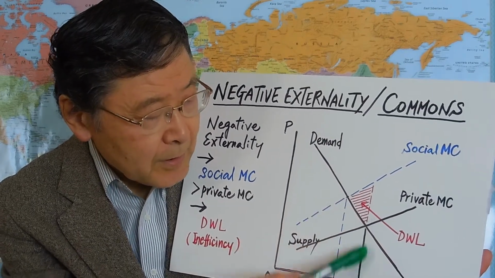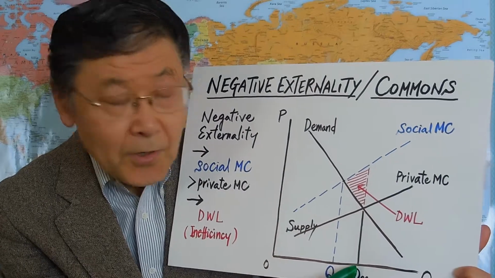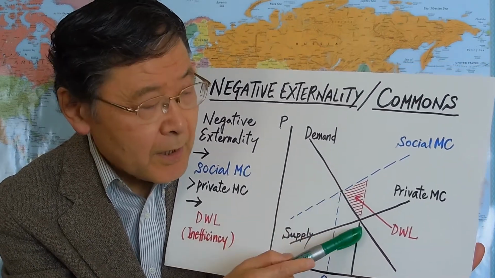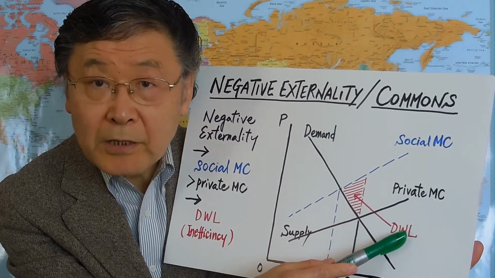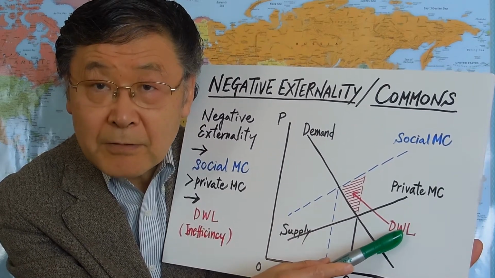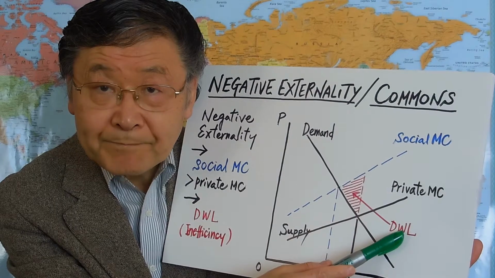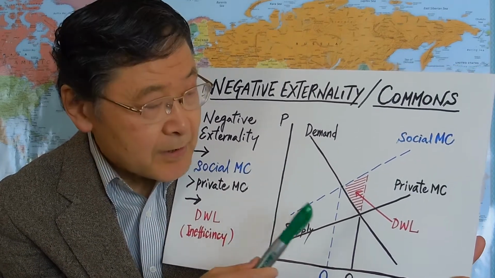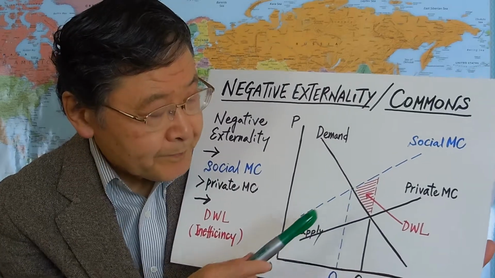So if output in the market is here, this total area is a total loss for society, which is called the deadweight loss, a measure of inefficiency in the market. So the market fails to achieve efficiency, market failure in other words.